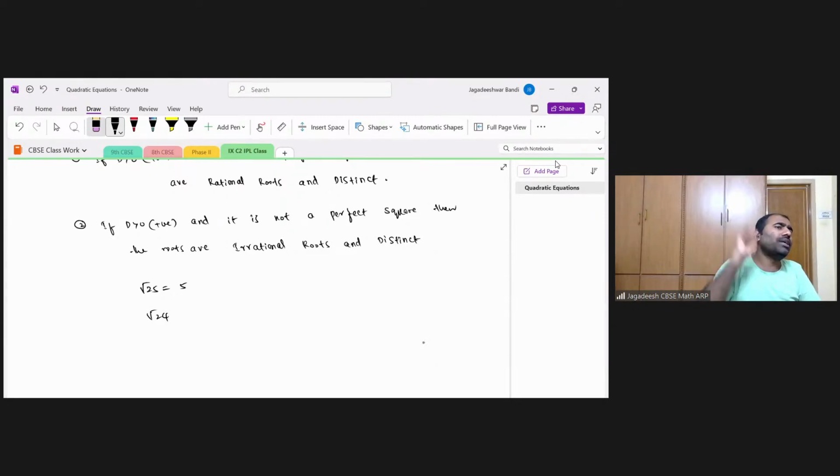Say 16, 4 into 4. Take 9, 3 into 3. So like that. But here 24, we cannot write as the product of two similar numbers. Hence, it is not a perfect square. Hence, it is an irrational number, also called a surd. Now tell me, Shrestha, ask me your doubt.